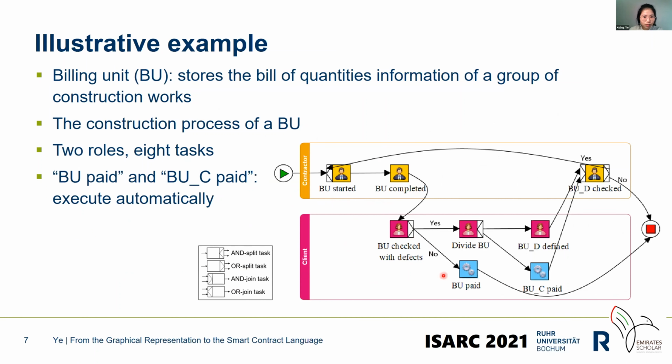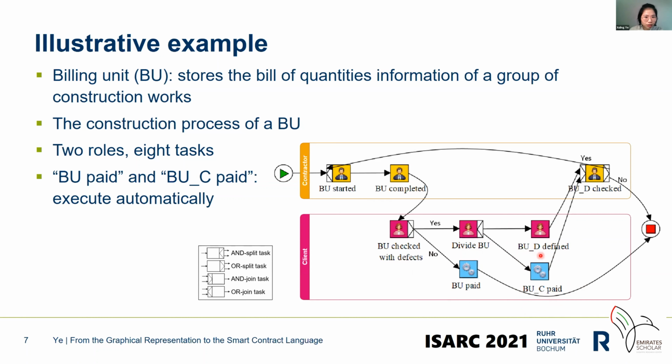Once everything is perfect, the building unit will be paid automatically, and then the process will end. If there are defects, then the building unit will be divided into a building unit complete and a building unit defect. The building unit complete will be paid automatically.